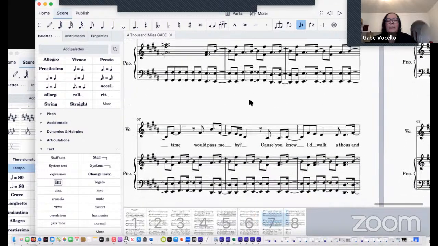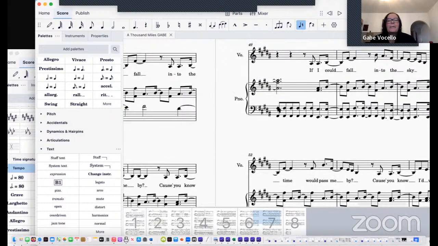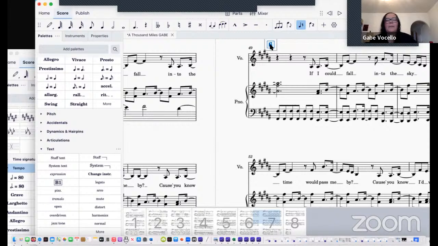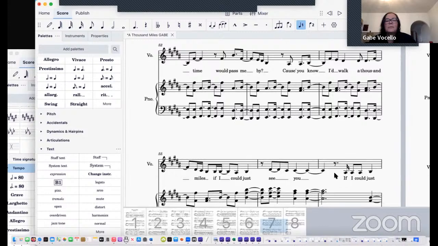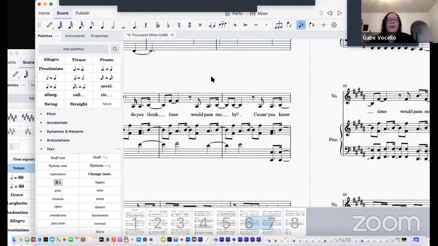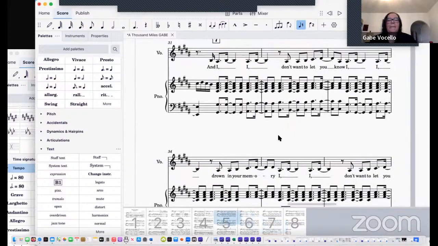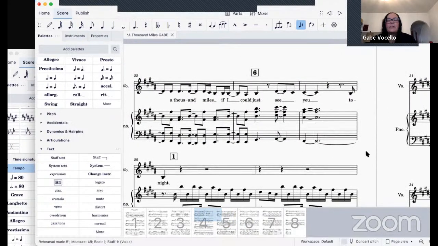Five line. Five line here. What number is that? Let's find it. 6.